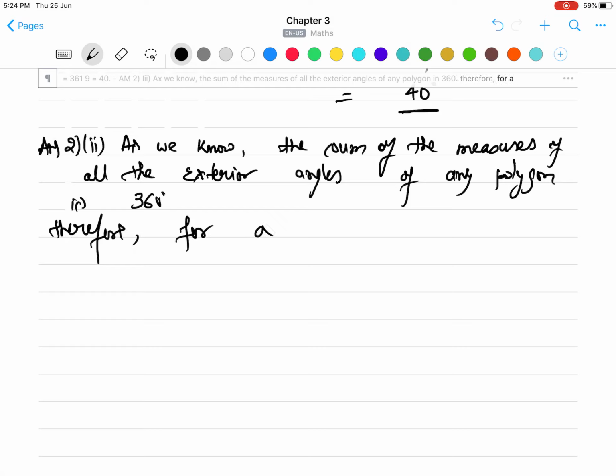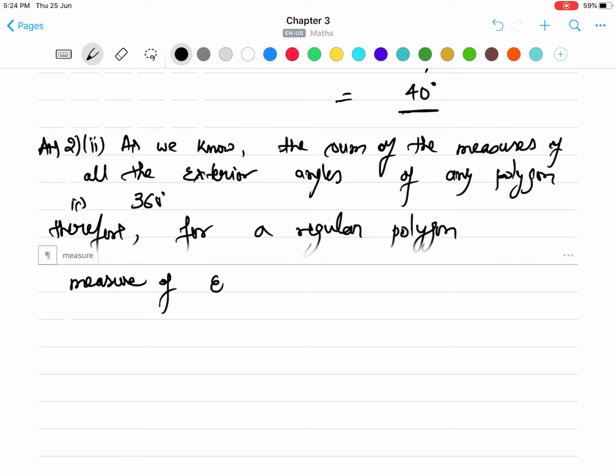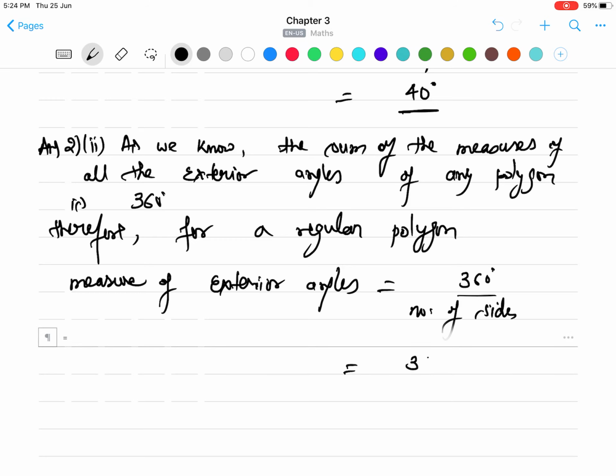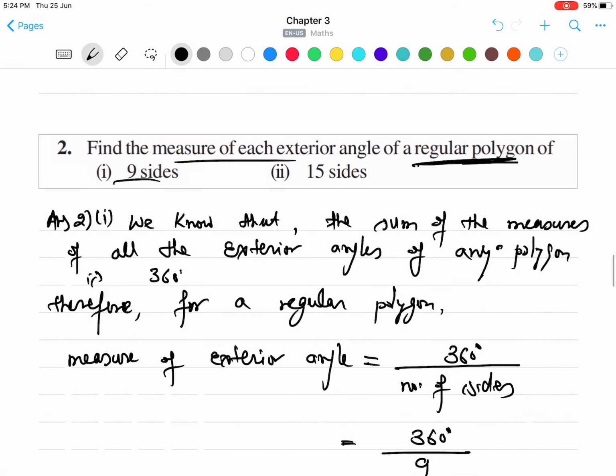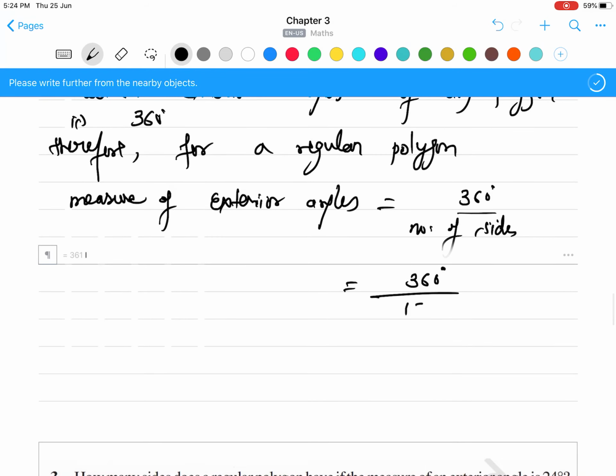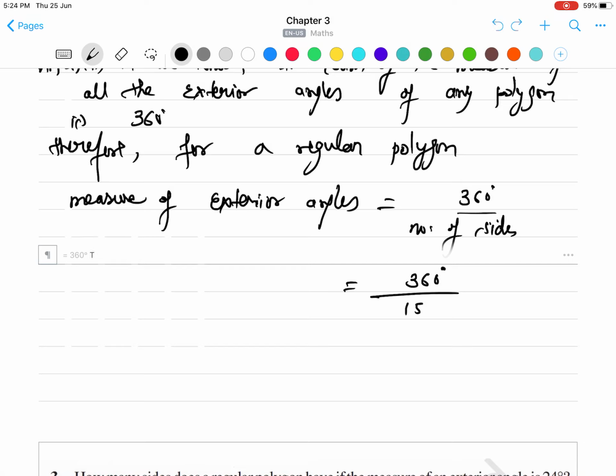Therefore, as it's given in the question that the polygon is a regular polygon, for a regular polygon we know that the measure of an exterior angle is given by 360 degrees divided by the number of sides. The number of sides given here is 15, so we divide 360 by 15, and you will get 24.